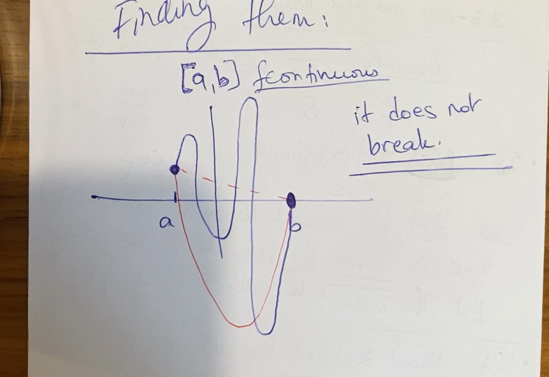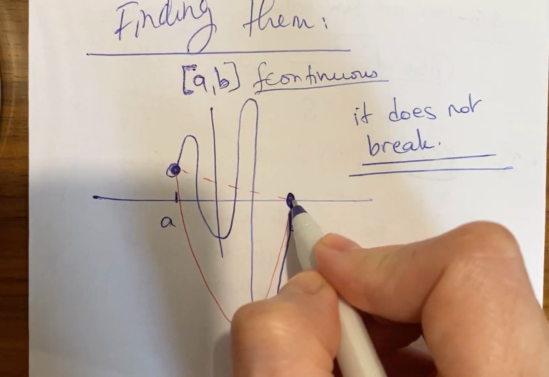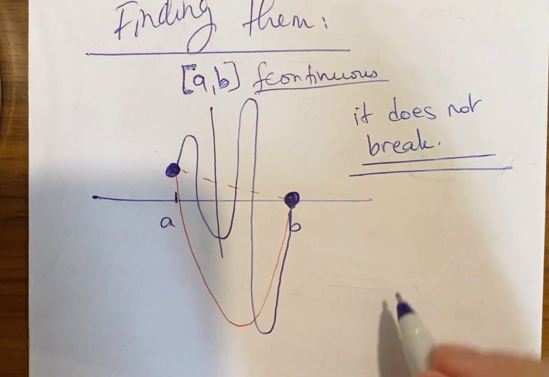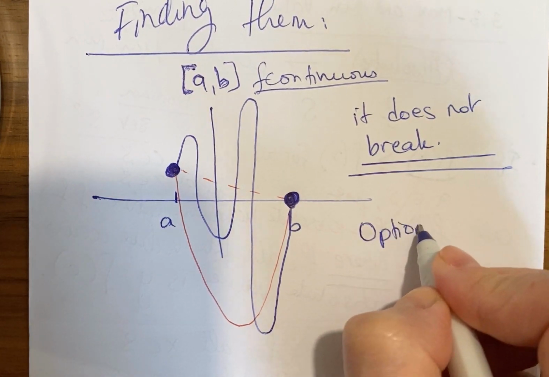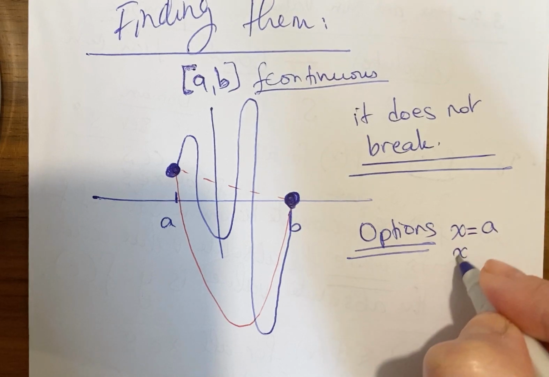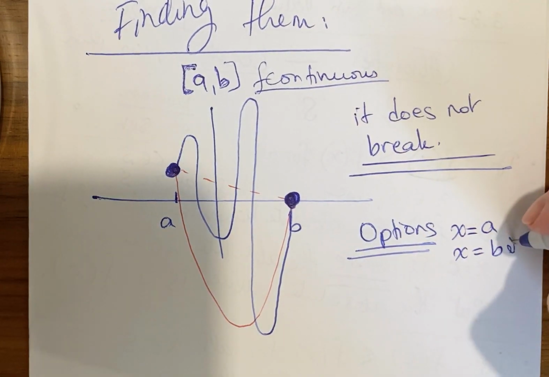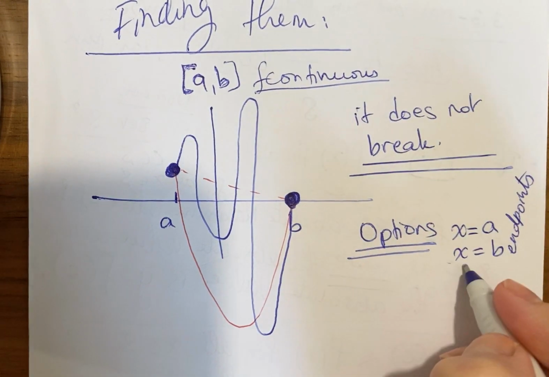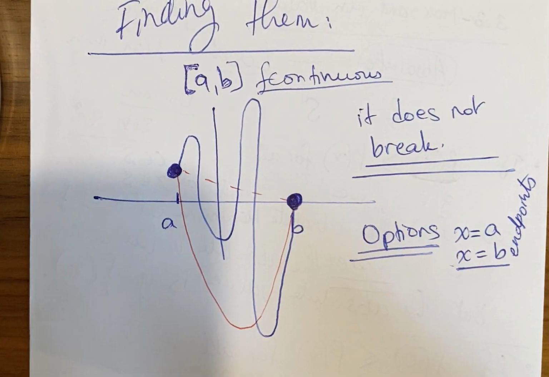What are the options? Either those are your max and min, because this is where you stop and this is where you end. So these can be values where the function has a maximum or minimum. So one of the options is the endpoints of your closed interval.